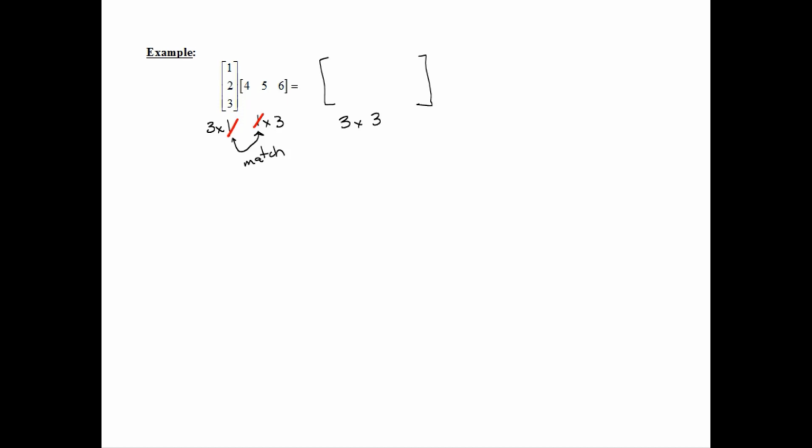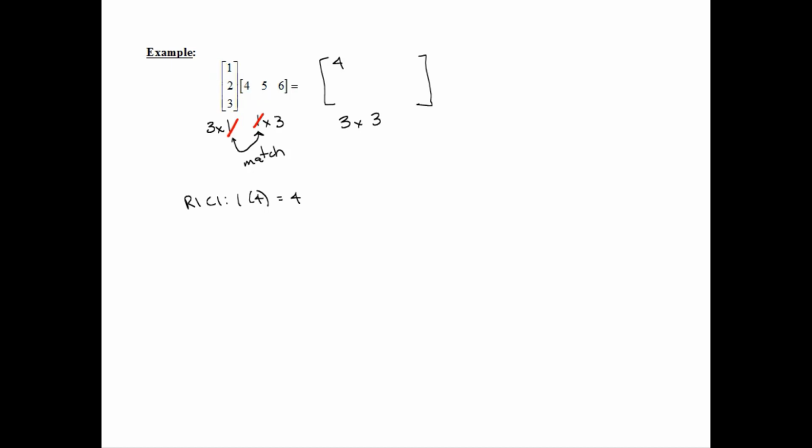Okay, so first we do row 1, column 1. What are we going to do here? We're going to do row 1 of this first matrix times column 1. So what is that? 1 times 4, which is 4. So that goes in row 1, column 1 here.